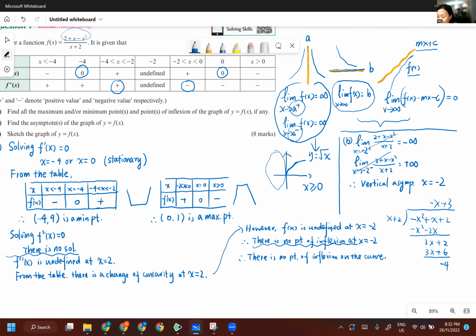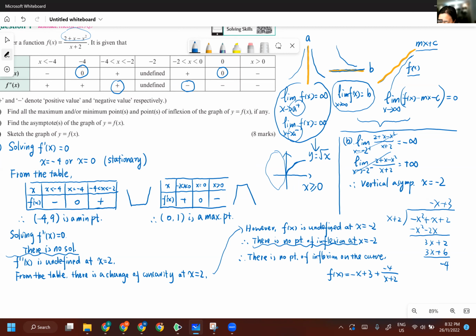Okay, and then we know that, not y, f of x, f of x is equal to negative x plus 3 plus a fraction, negative 4 divided by x plus 2.